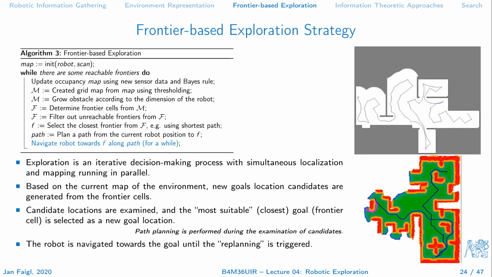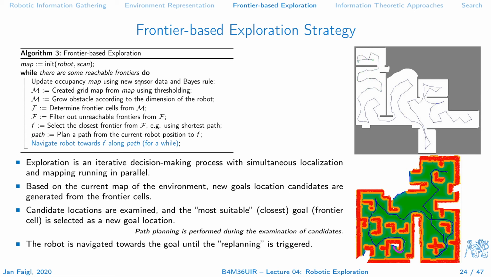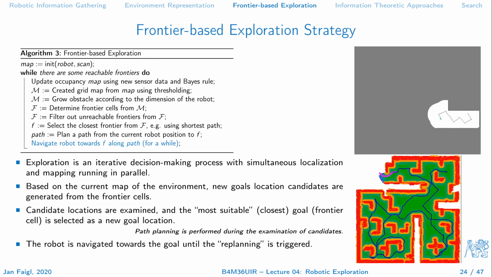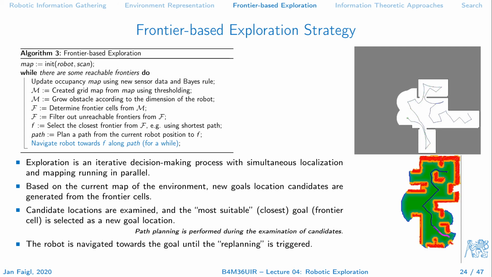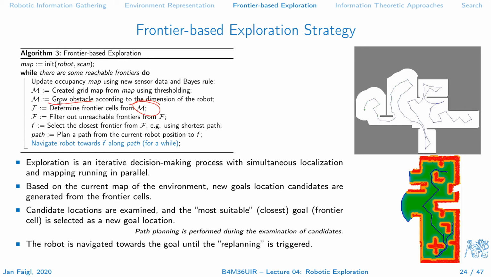Of course, at the beginning, there are none of them, so we update the occupancy map using new sensor data. That's running in the background. We create a grid map from the map using the previously mentioned thresholding. We grow the obstacles according to the dimension of the robot to ensure that the robot is able to reach the locations. We determine the frontier cells in such a grown map.